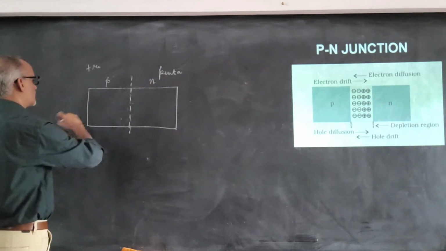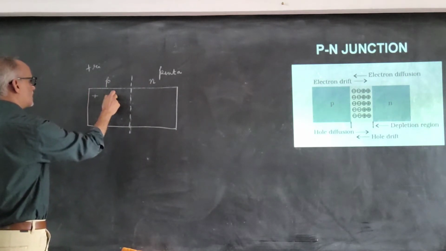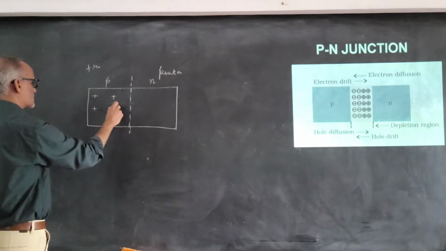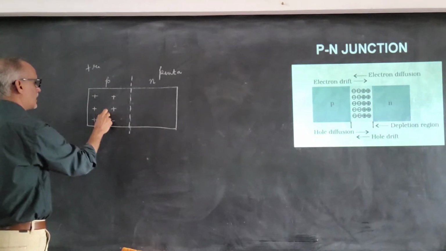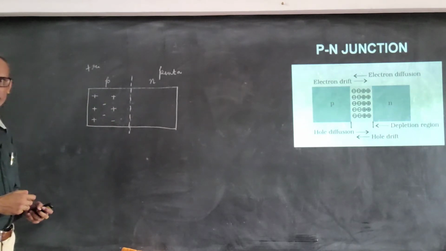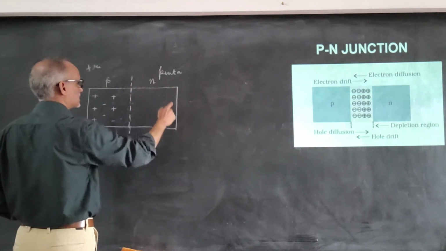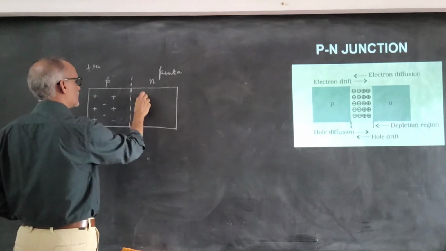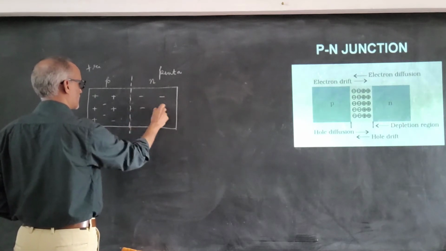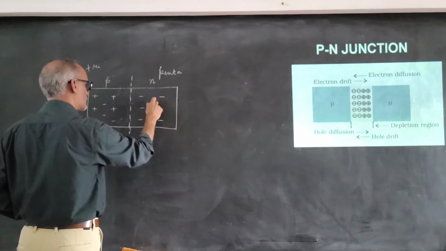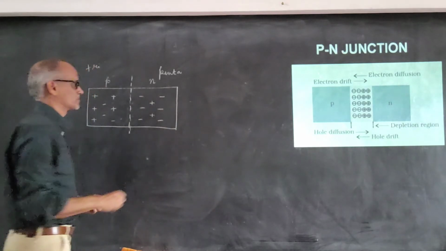In p-type semiconductor, the holes are the majority charge carriers and electrons are the minority charge carriers, whereas in the case of the n side, or n region, the electrons are the majority charge carriers and the holes are minority charge carriers.